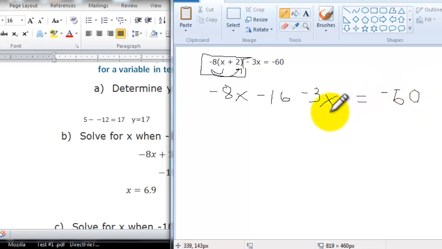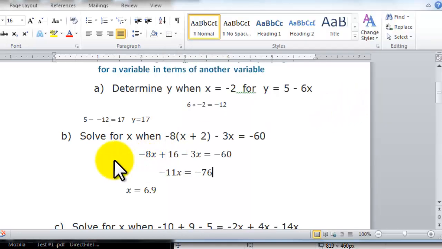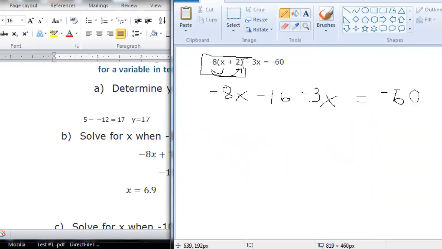Over here, it looks like you subtracted 16, which then you got -76. Instead of subtracting the 16, in this case, you're going to add it.